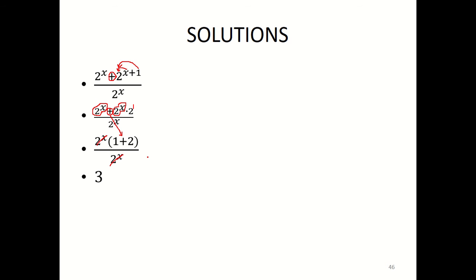Let us do another extra example. In the numerator, we have a minus between the bases. We also have a minus between the bases in the denominator. So split your exponents if there is addition or subtraction between them.